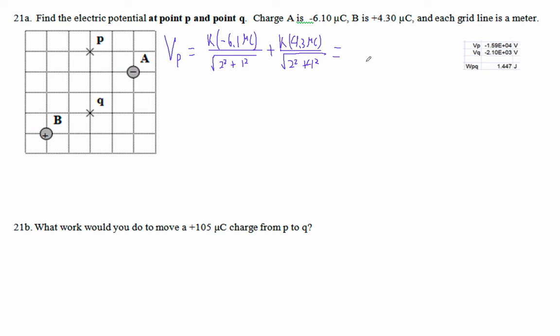Then I'm going to go plus, alpha F1, K times 4.3 microcoulombs, and in the denominator, the square root of 2 squared plus 4 squared.